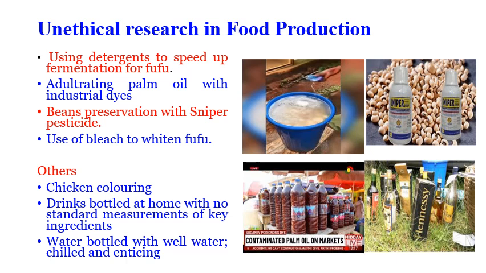So you can imagine eating fufu that has traces of detergent in it. That's not just unethical, it's outright dangerous to health. And some people just think of the profit they can make and disregard consideration for human health. That's the extent people go in order to make money.